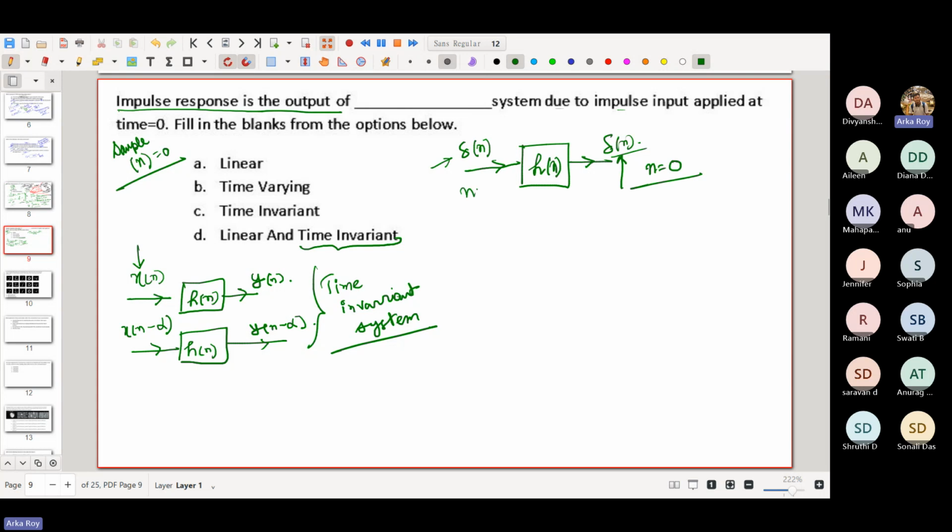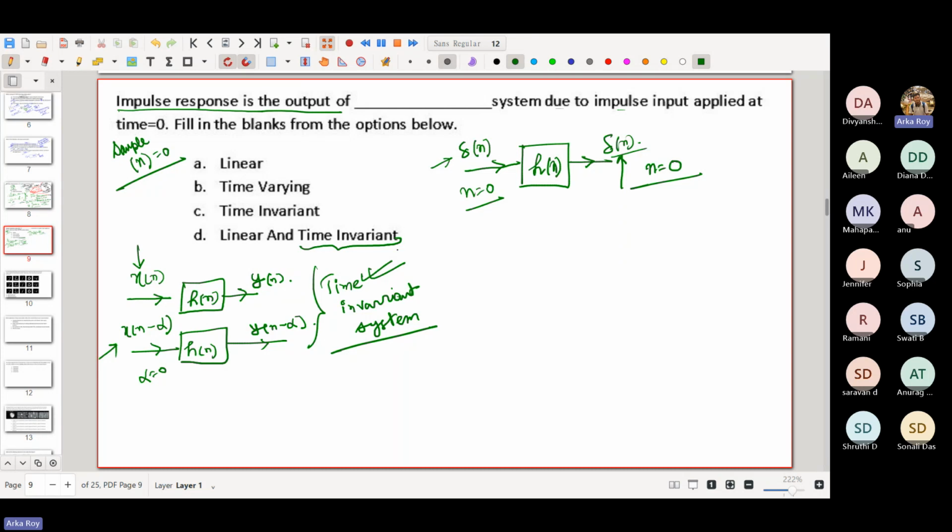That means whenever you give a signal located at n equals 0, your output also starts from n equals 0 only. You can just put alpha equals 0 in this particular relation, and you will get x of n equals y of n. So this basically holds the relation of a time invariant system.